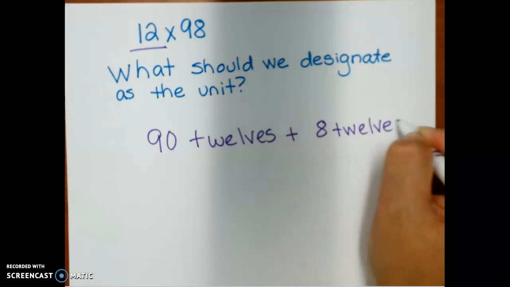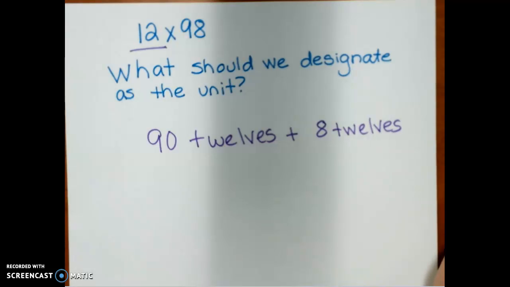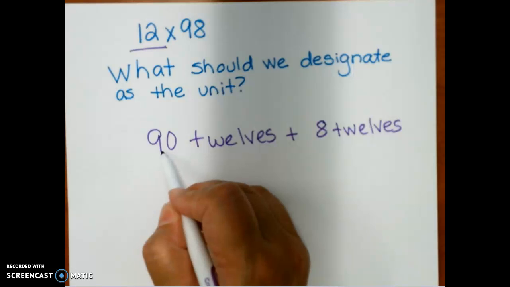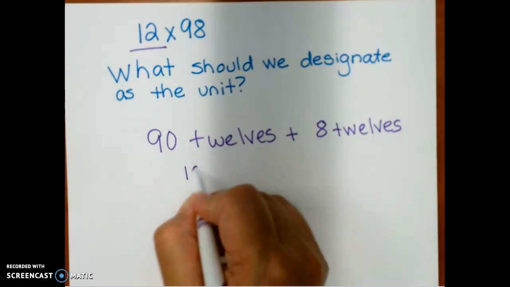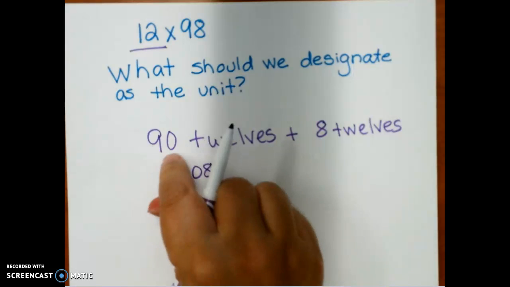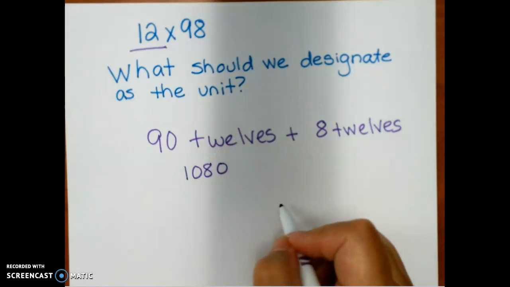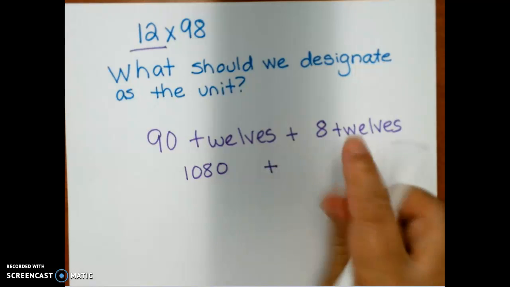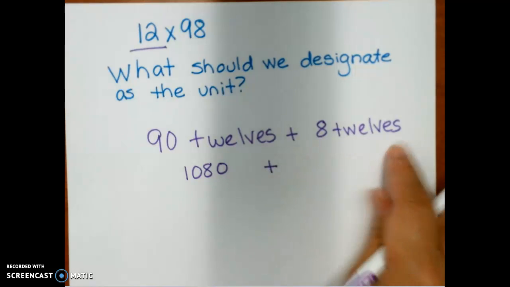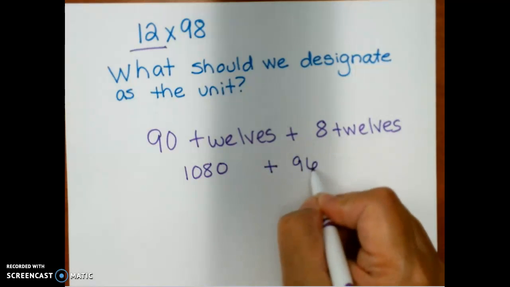And since I know my 12 times table, because I'm a super smart 5th grade mathematician, I know that 9 times 12 is 108, times 10 is 1080, plus 8 12s is 96.